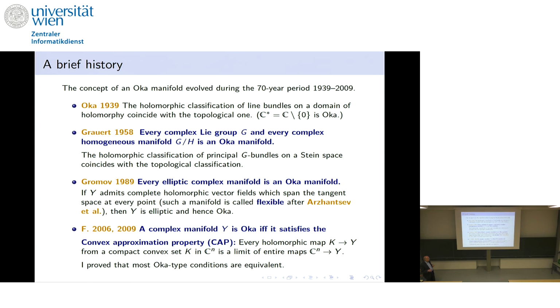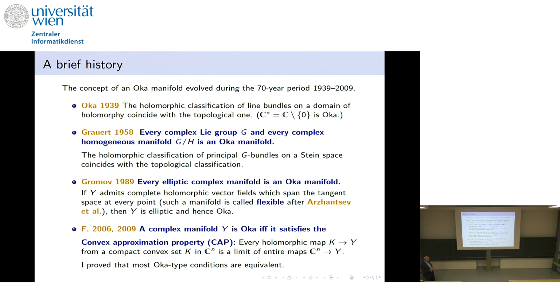It's an Oka type condition, but the good point here is that the source is extremely simple, convex, contractible, no topology. And using this condition, first I showed that this implies all of the Oka properties which you saw in the previous slide, and also that all these properties are equivalent.